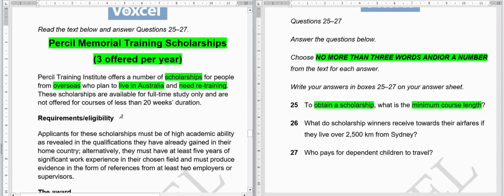These scholarships are available for full time study only, and are not offered for courses less than 20 weeks duration. So obviously our answer is in this particular paragraph. You have some time to tell me the answer and your time starts now.